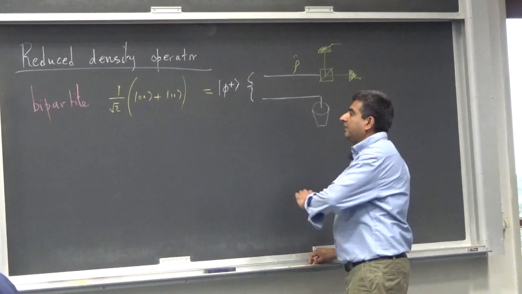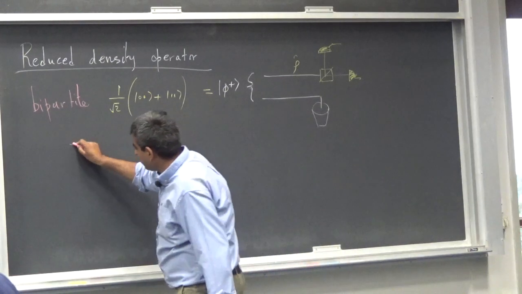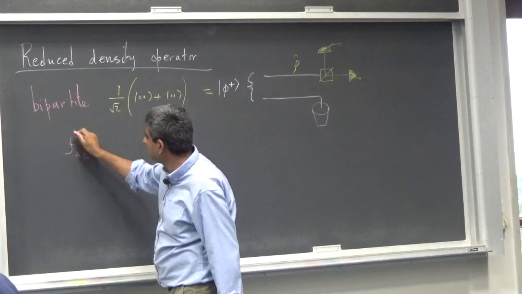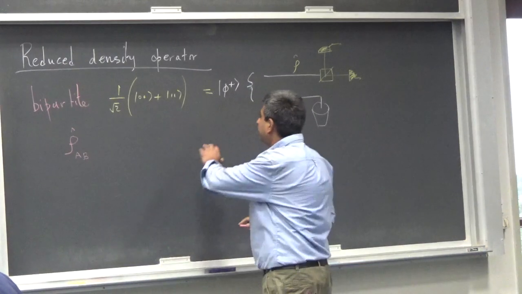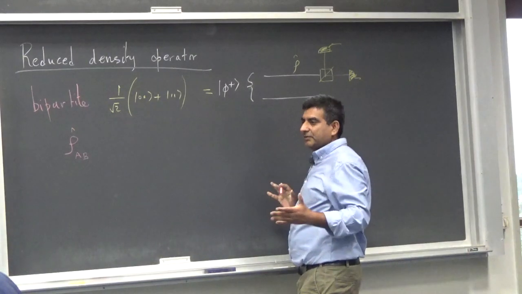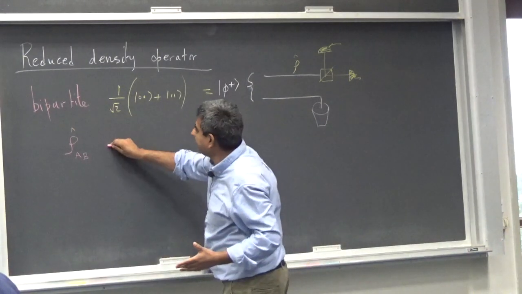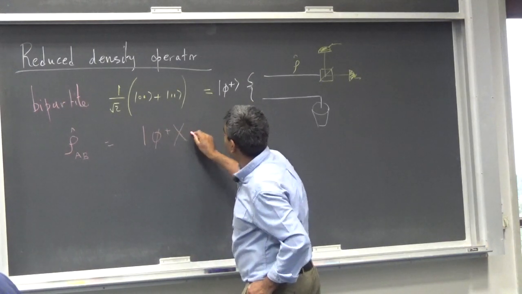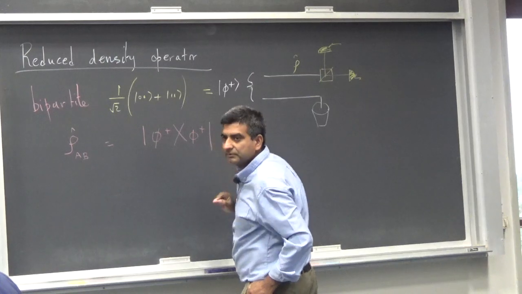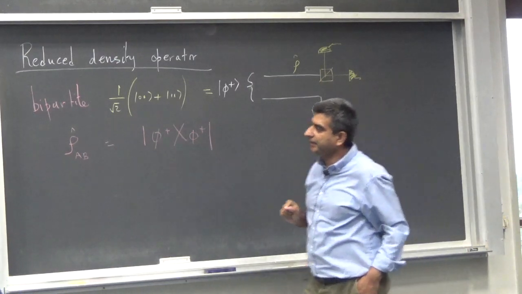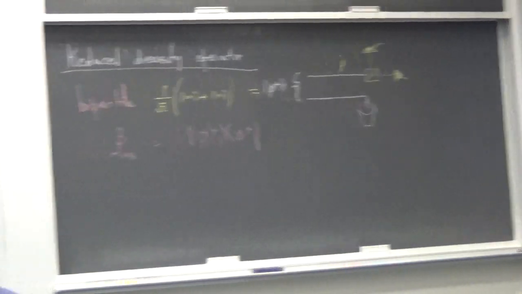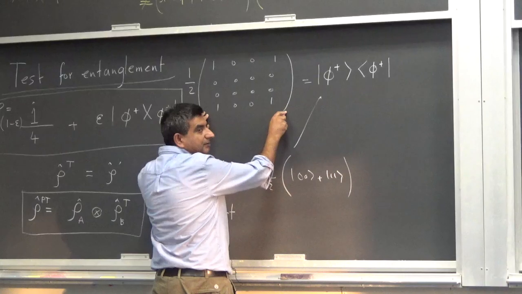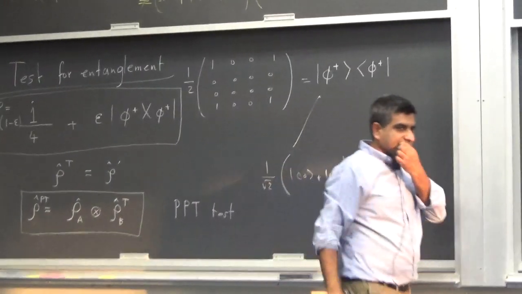If I have a bipartite state, rho, and I represent it by AB, which is the density operator for the 2 qubits, in this case the density operator is going to be ket phi, bra phi, right? And its form is going to be this thing. This is my rho AB, my initial density matrix for the bipartite system.